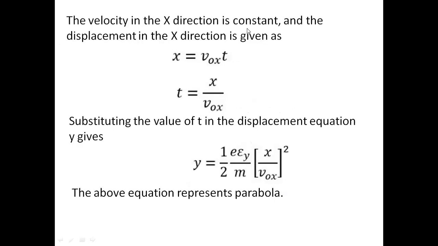The velocity in the x direction is constant, and the displacement in the x direction is given by x equals v naught x into t, and from this t is obtained as x by v naught x.